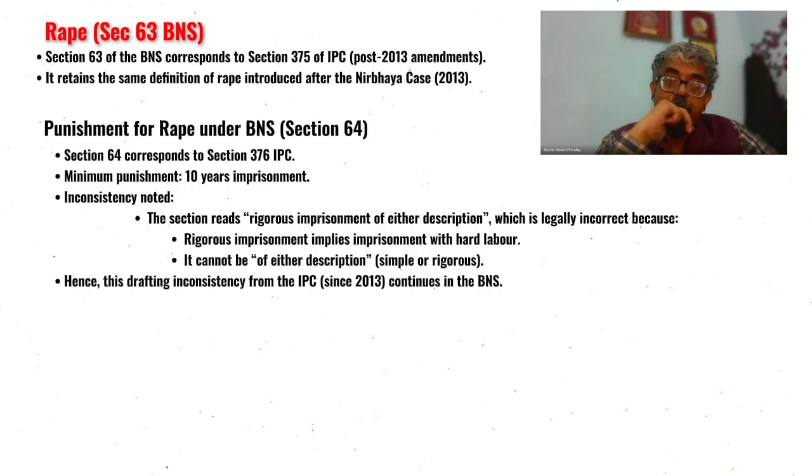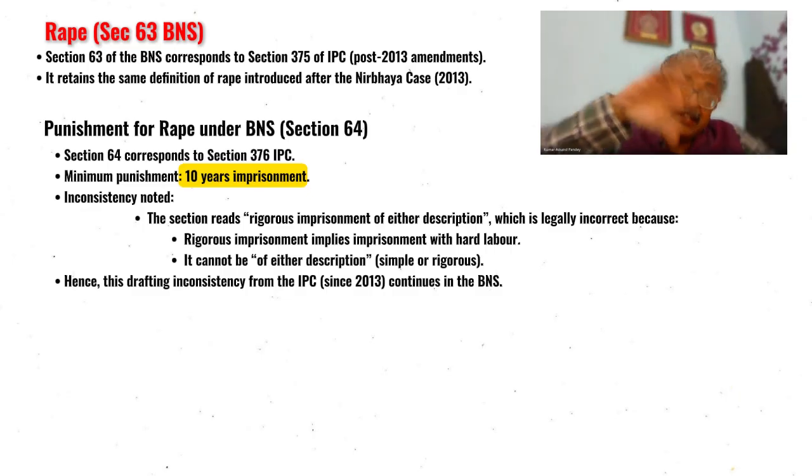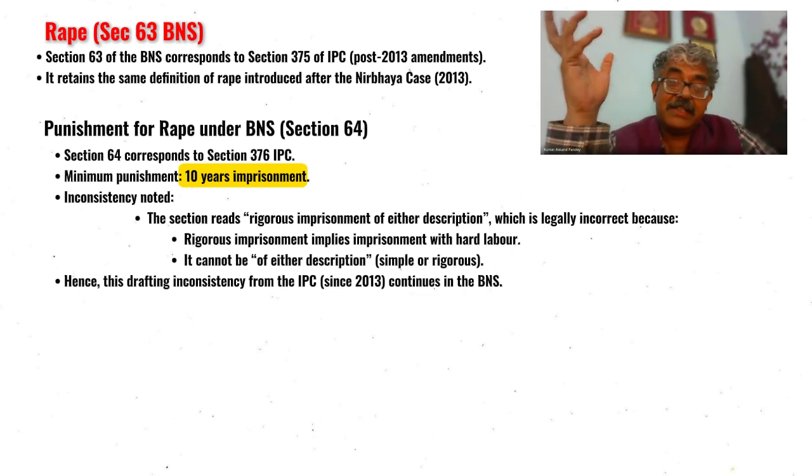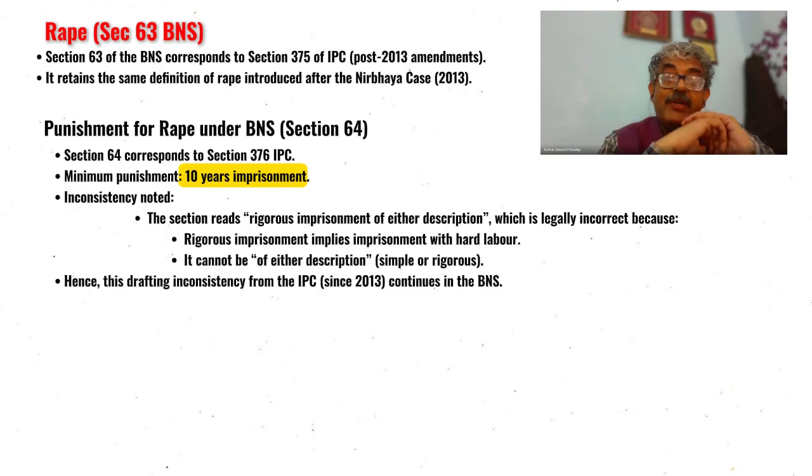Now you know that the minimum punishment that would be awarded in every case of rape is now 10 years imprisonment. But what would be the nature of imprisonment of 10 years, which is the minimum sentence? Would that be simple imprisonment? Would that be rigorous imprisonment? Section 64 reads rigorous imprisonment of either type. Rigorous imprisonment can't be of either kind.